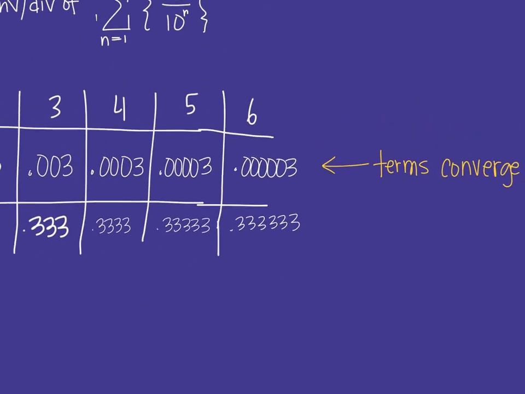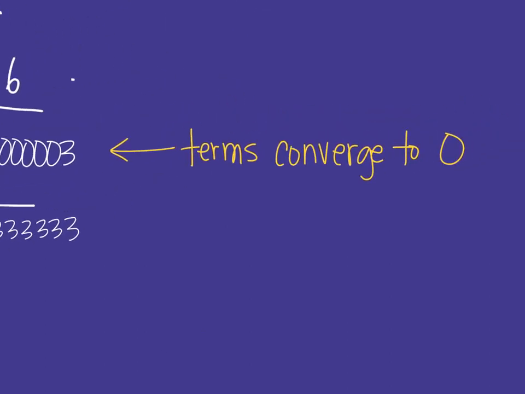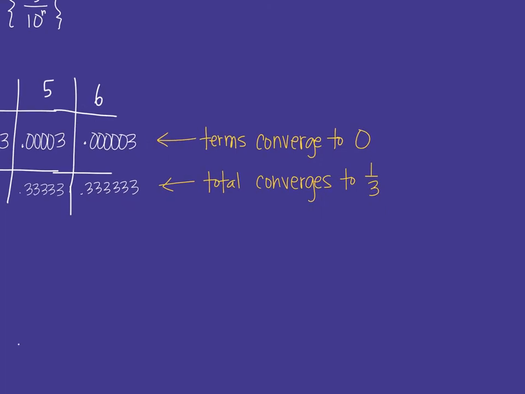We also feel like they are converging, but what is the total converging to? 0.3 bar, which is 1/3, exactly. And so the total also converges to 1/3. So your terms can converge to one value where your total converges to something else.